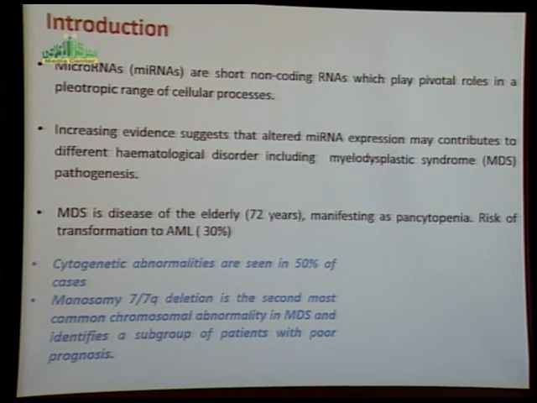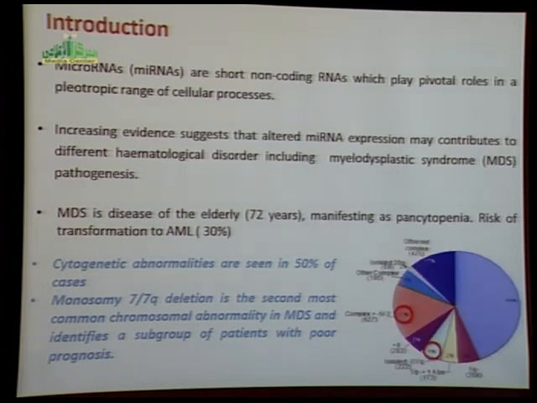Myelodysplastic syndrome is a disease of elderly people, with an average age of 72 years. It is characterized by anemia and cytopenia, and it has a high risk of transformation to acute myeloid leukemia, by 30%. Cytogenetic abnormalities play an important role in the diagnosis of the disease, and they are seen in 50% of the cases.